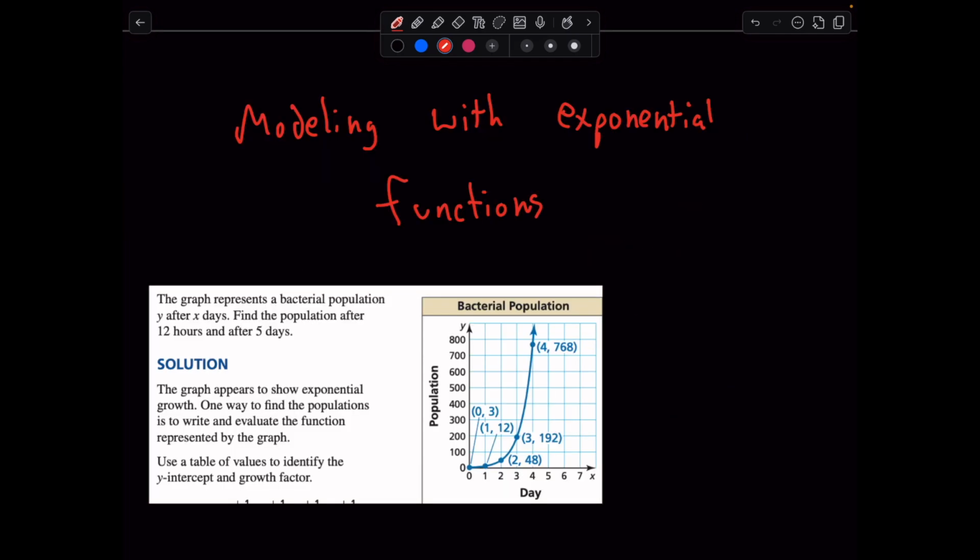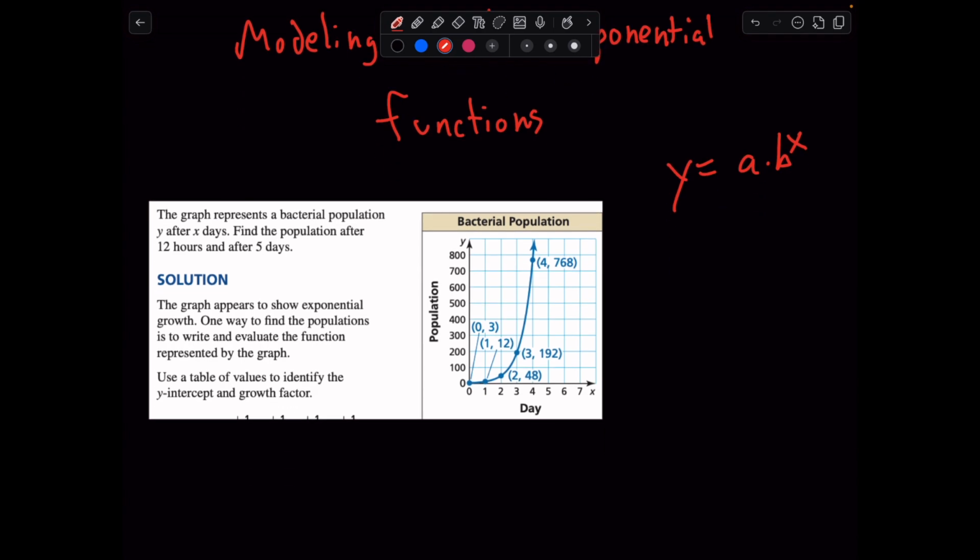Okay, so modeling with exponential functions basically is a fancy way of saying word problems. So for these, we're using the original one, y equals a times b to the x, where a is your initial amount and b is the rate of change. So it's not the growth and decay formula, it's the original one.